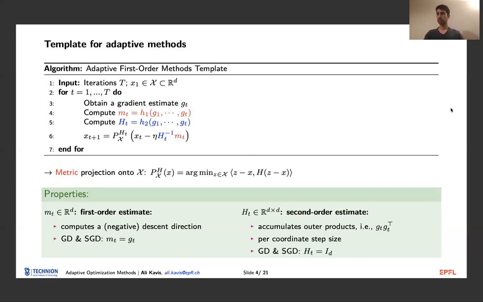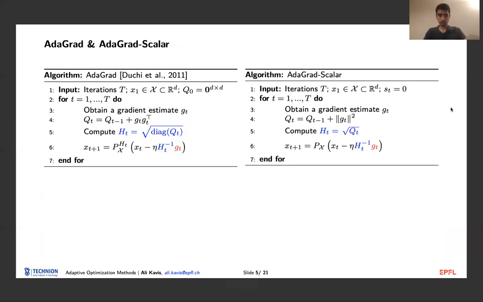So let's move on and see our first adaptive algorithm. We'll start with AdaGrad, which is the pioneering work that actually gave rise to the other methods that we're going to see today. It was proposed by Duchi and co-authors. What AdaGrad does is it doesn't have an estimate for GT. It uses GT itself.